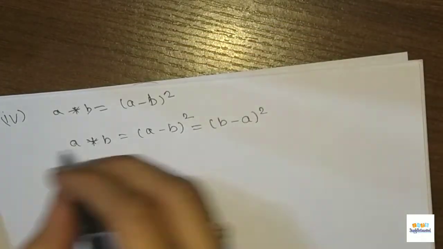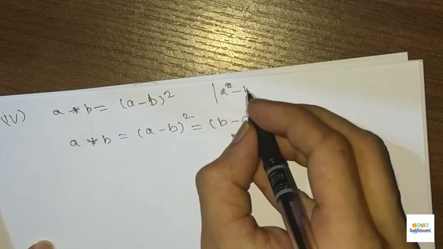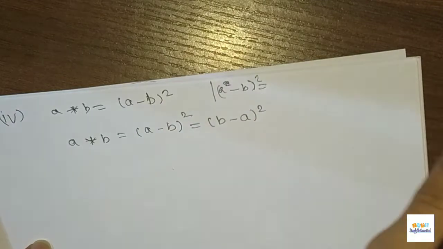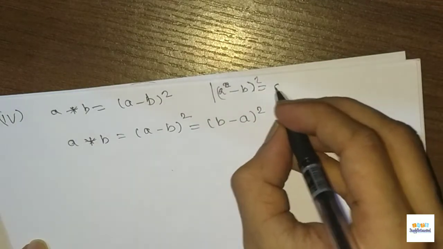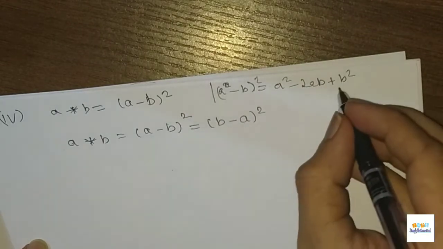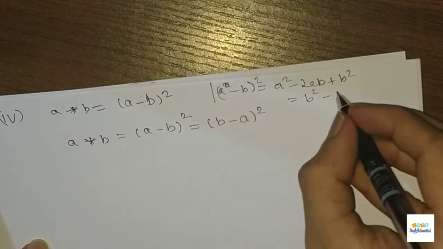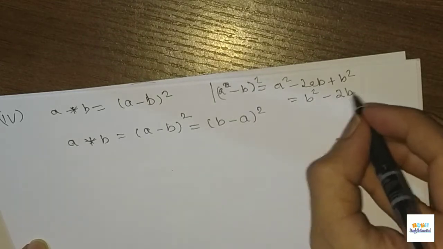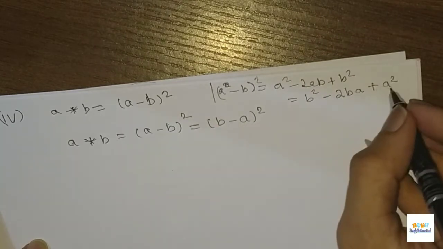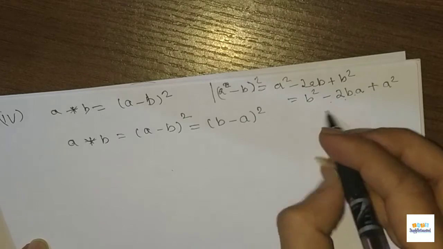Now why is this? Let us see. If you have (a minus b) the whole square, by the formula it is a square minus 2ab plus b square, right? Now if I write b square first, minus 2, instead of ab writing ba, plus a square at the last, what I am writing is b square minus 2ba plus a square.